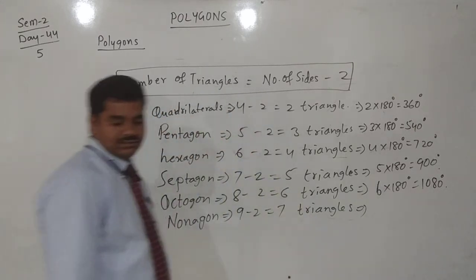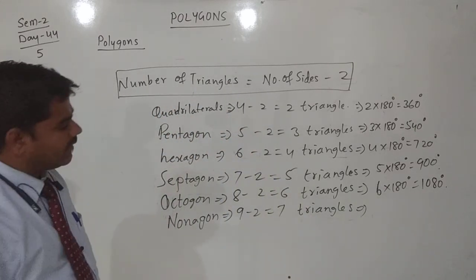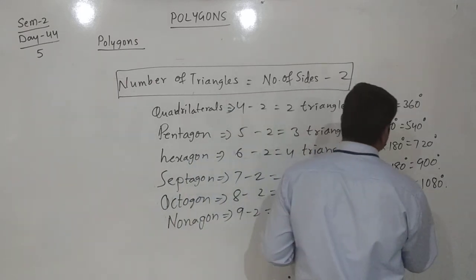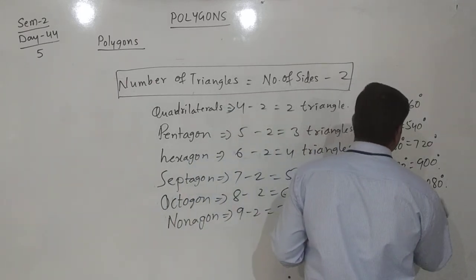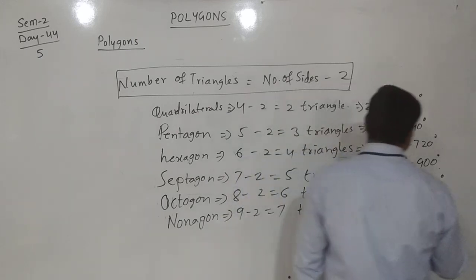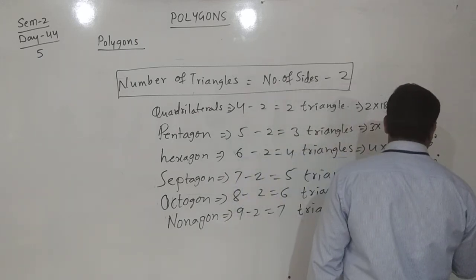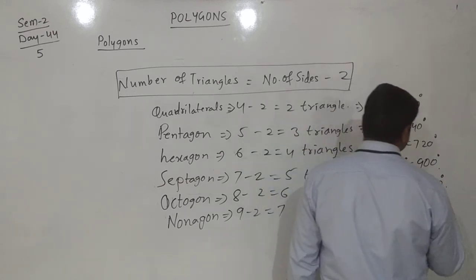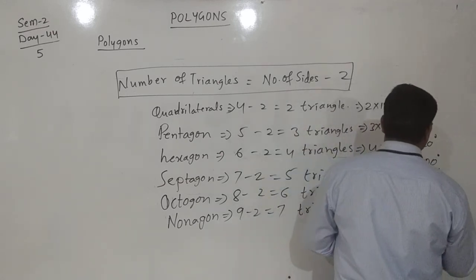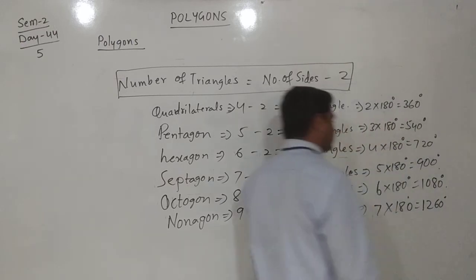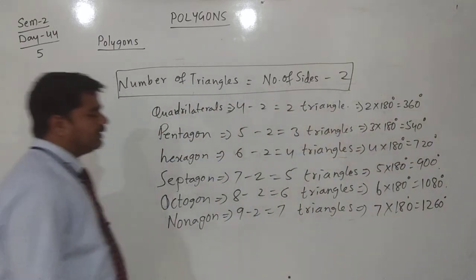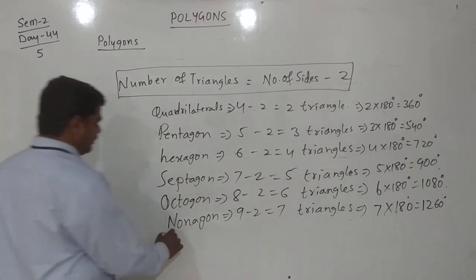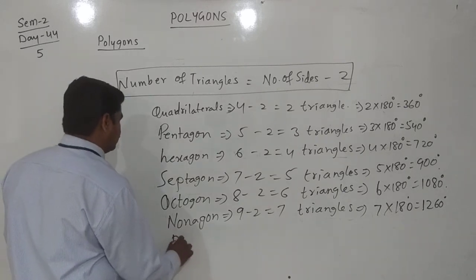Then 7 into 180: 18 sevens are 126, so you can write 1260 degrees. Next, decagon.